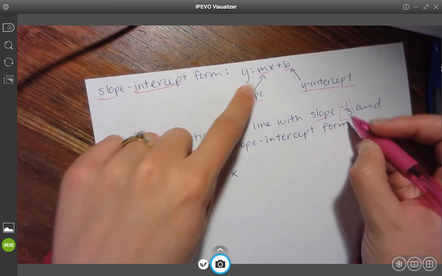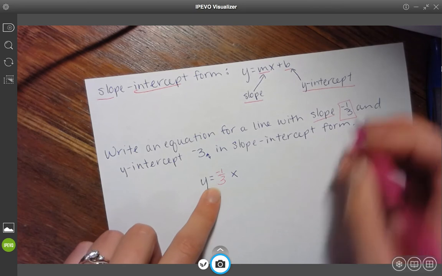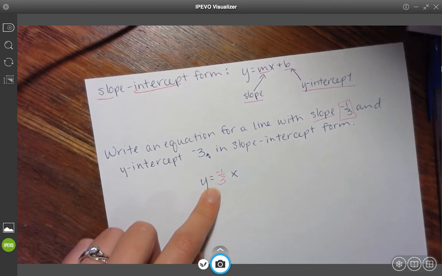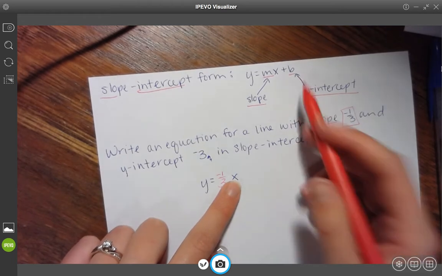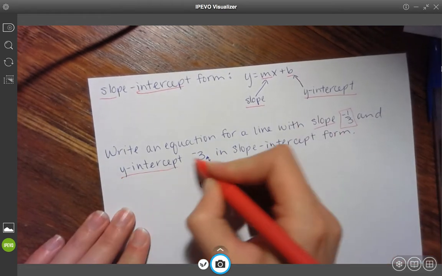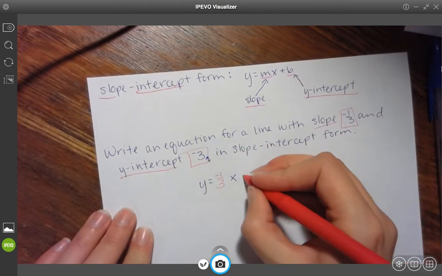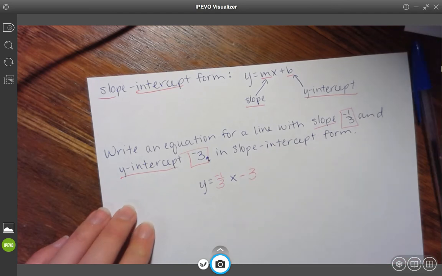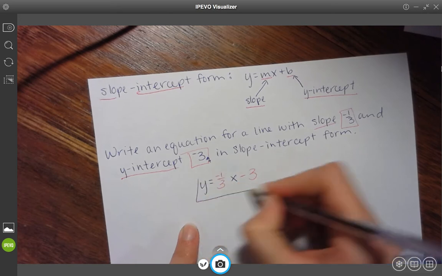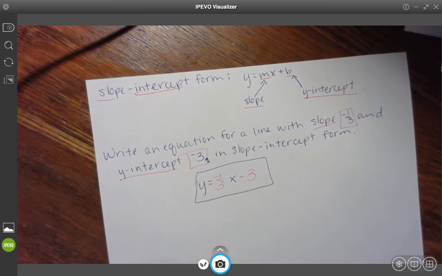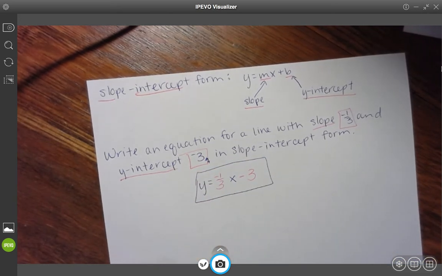Slope is m, negative 1/3 there. And then I need to put my y-intercept. My y-intercept is negative 3. So y equals negative 1/3 x minus 3. That would be my answer. Okay?